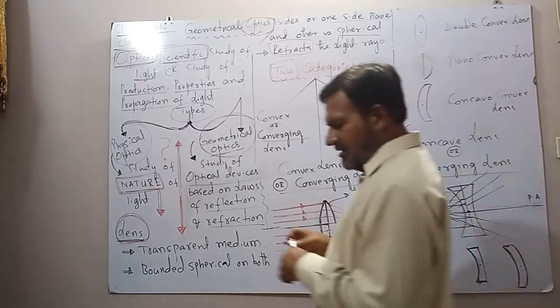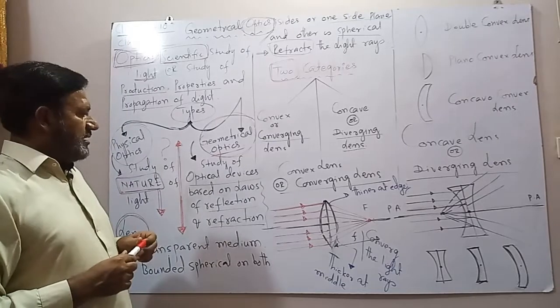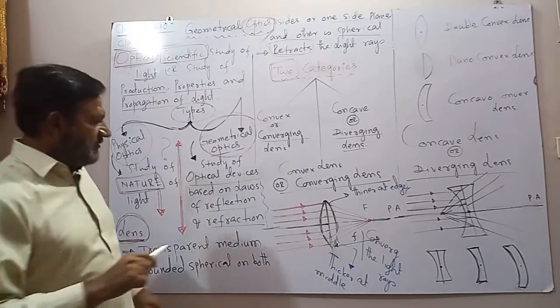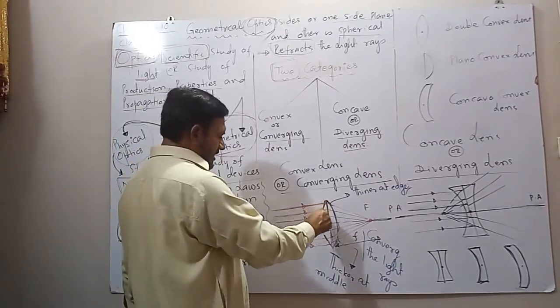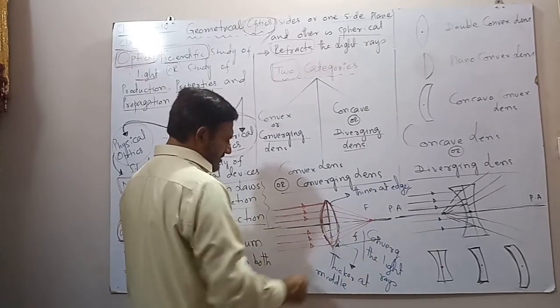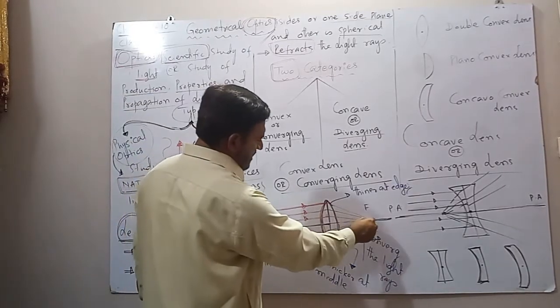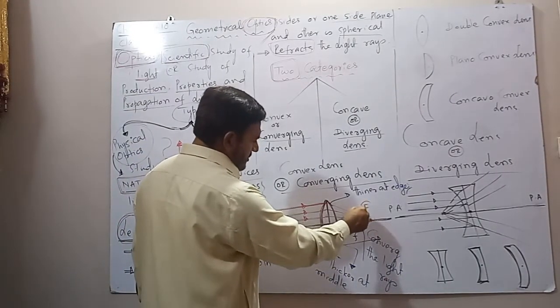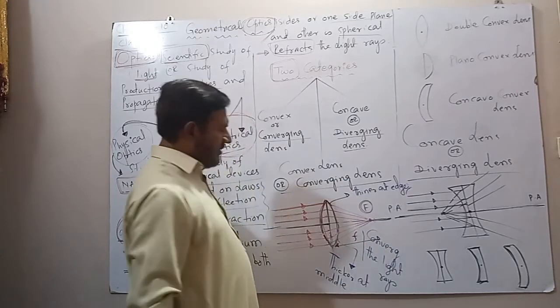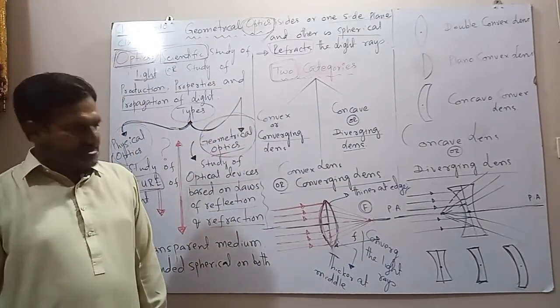In this chapter, there is a huge discussion about the convex lens. What is the convex lens? This is the convex lens, also known as a double convex lens. This convex lens is used to converge the light, and the point at which light rays converge or appear to diverge is known as the focal point or principal focus.